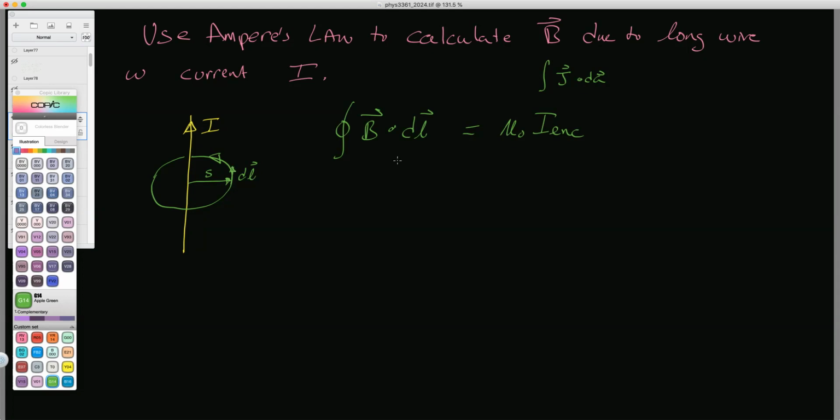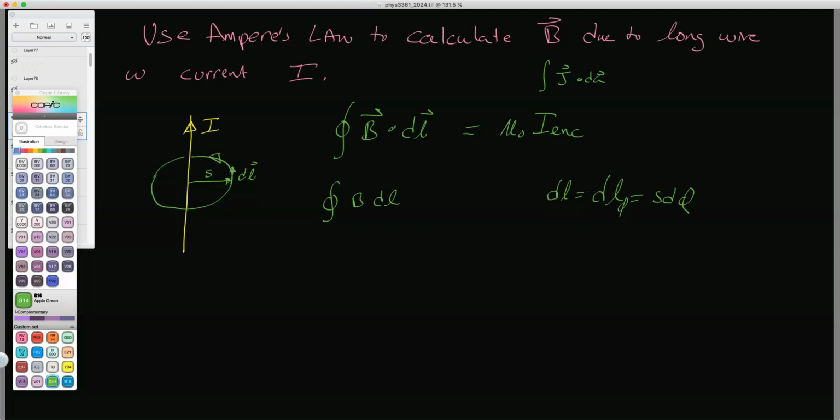So we know that B dot dl is just B dl because they're in the same direction. So I can write the integral of B dl. dl again is going to be S d phi, because it's the d phi that I'm interested in.